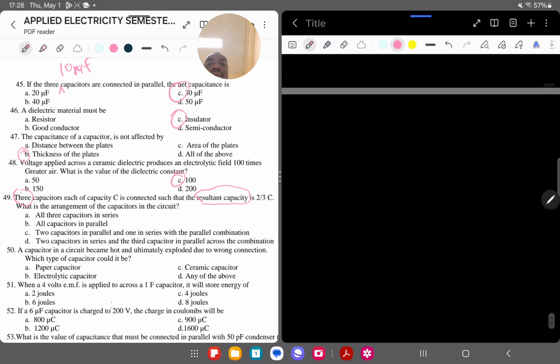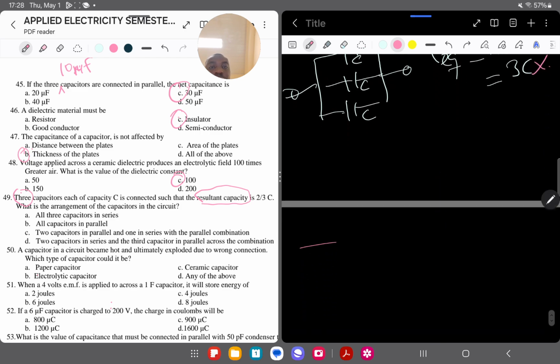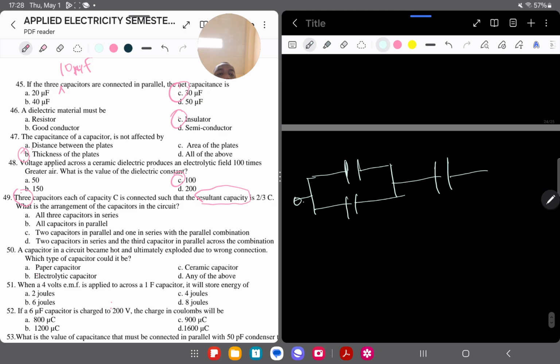So let's say, for example, two of them are connected in parallel and then in series with one of the capacitors. So this way, you can see that the two here are in parallel.